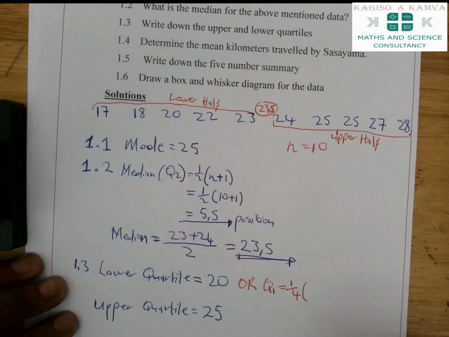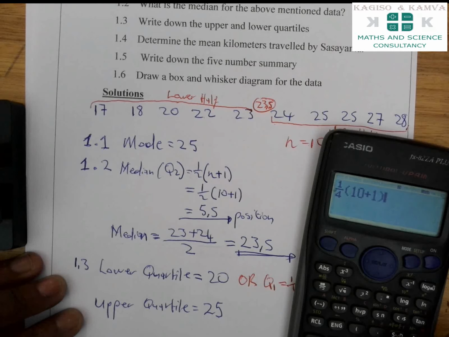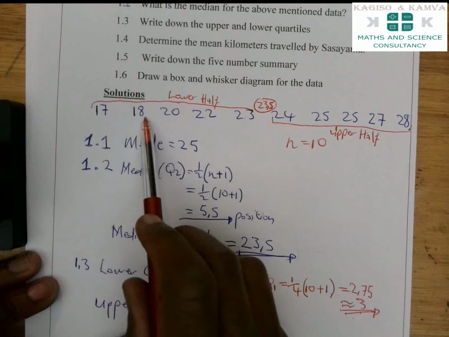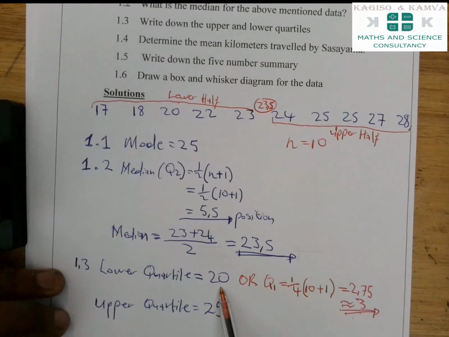And then what will be the answer there? The answer is 2.75. Remember I said once it is 2.75, you just round it up, which is approximately 3. So that is position number 3, 1 2 3. What do we have? We have 20 there. That is the value of the lower quartile.